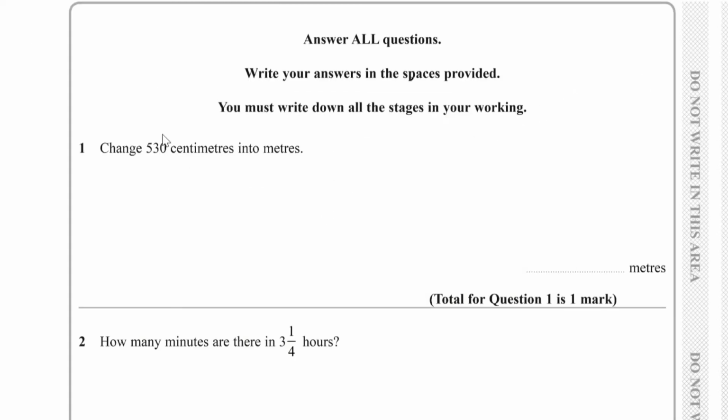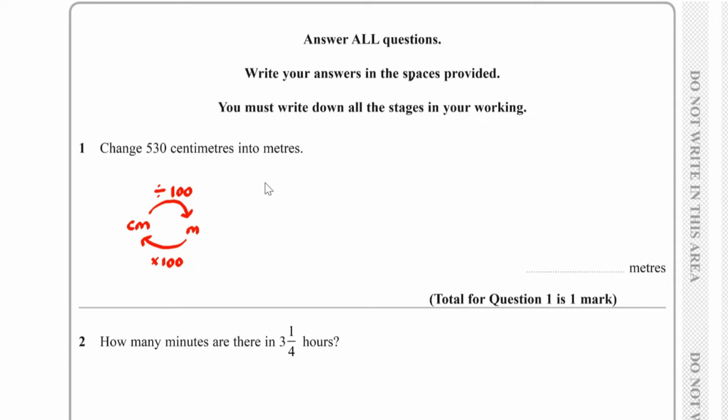Question number 1, we have to change 530 centimeters into meters. Well, to go from centimeters to meters, we would have to divide by 100, and meters to centimeters, we would have to multiply by 100.